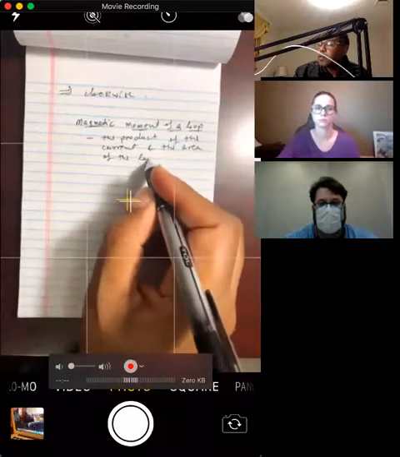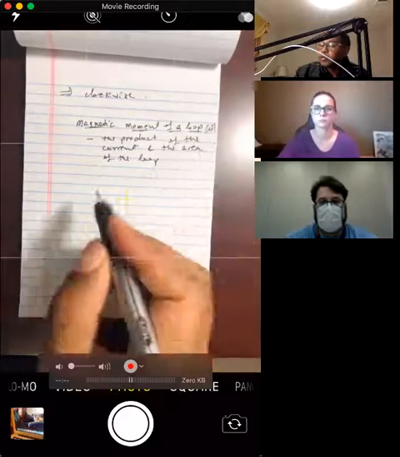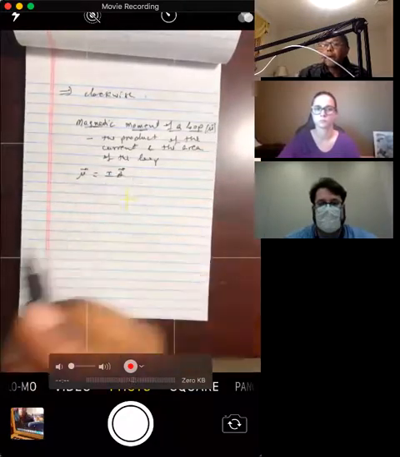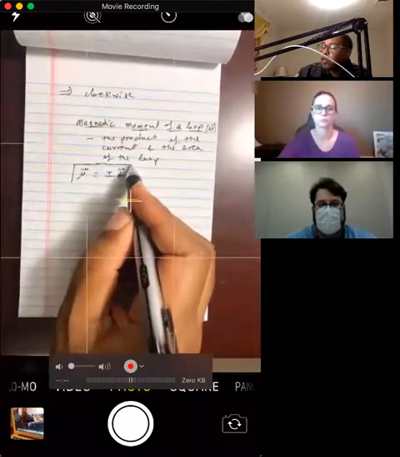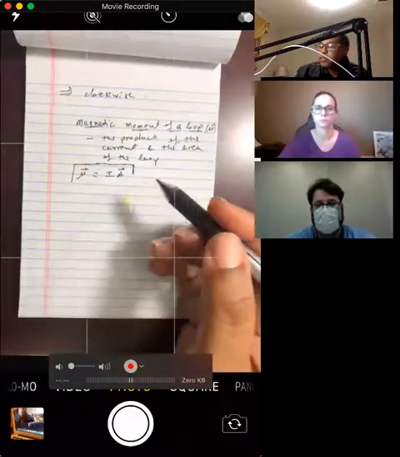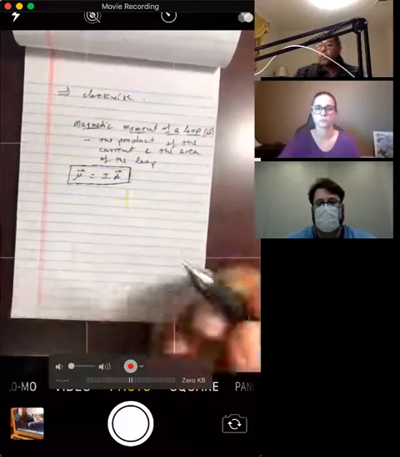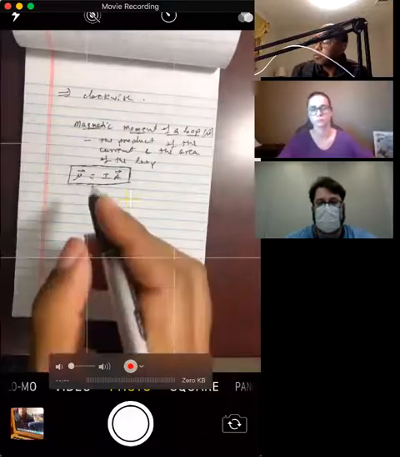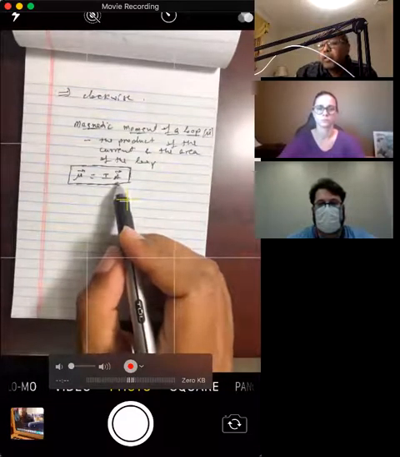We're going to use mu to represent this vector. So mu equals current times area. This is the definition of the magnetic moment of a loop. This is the property of a loop. It's like mass for gravity, charge for electricity, and this one is for magnetism. It characterizes the property of the loop. Remember, the area is always perpendicularly out.